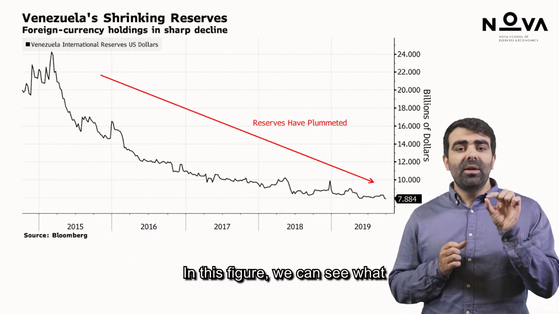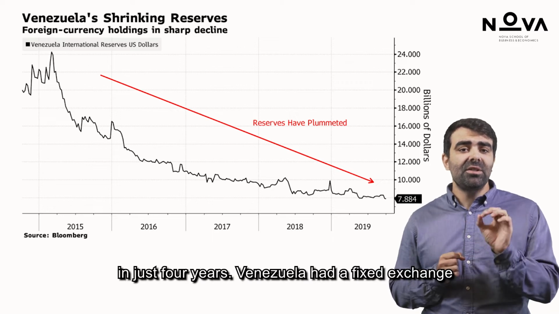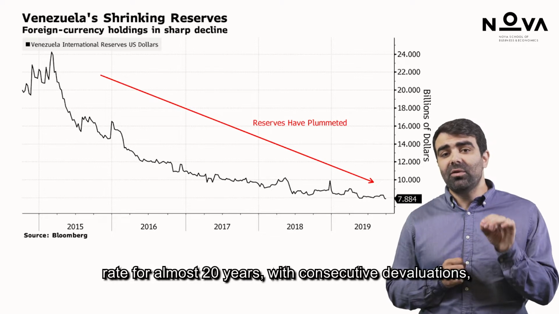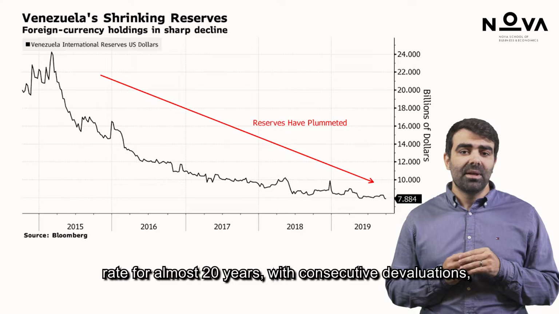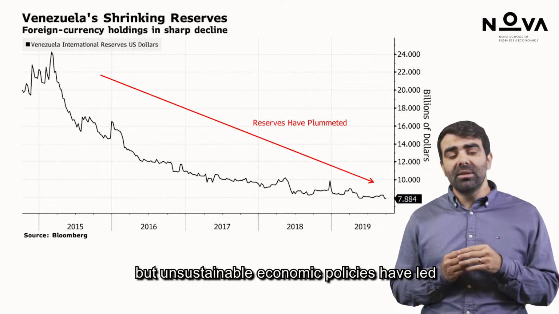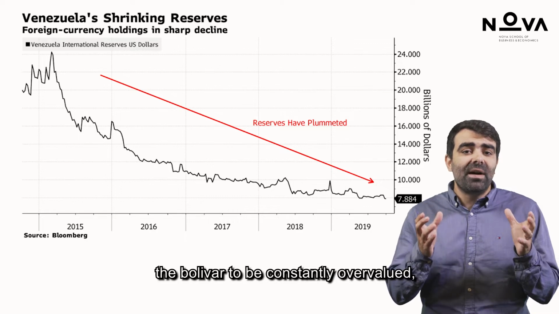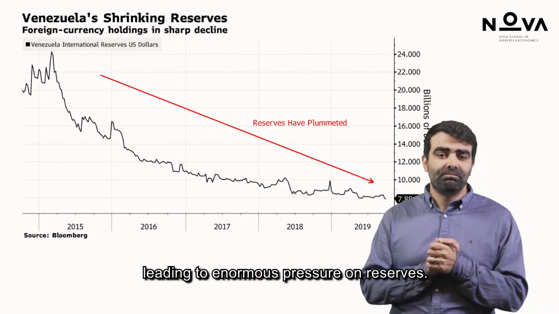In this figure, we can see what happened to Venezuela's foreign currency holdings in just 4 years. Venezuela had a fixed exchange rate for almost 20 years with consecutive devaluations. But unsustainable economic policies have led the bolivar to be constantly overvalued, leading to enormous pressure on reserves.